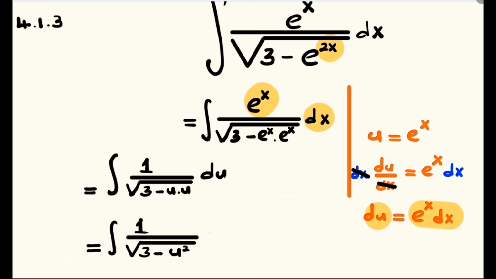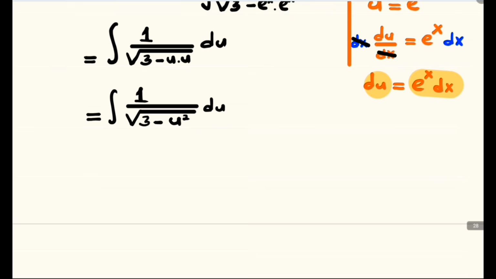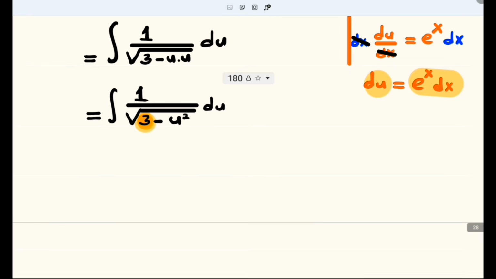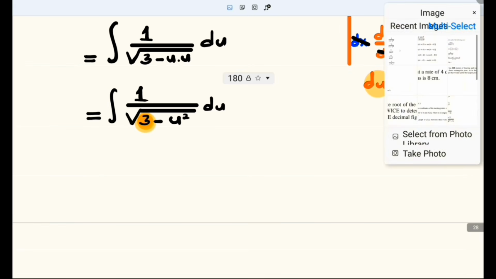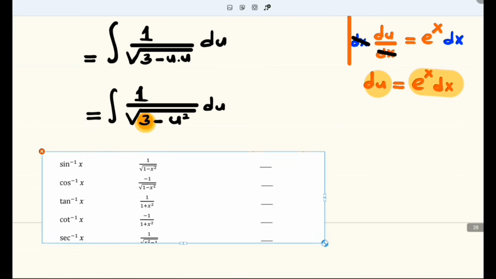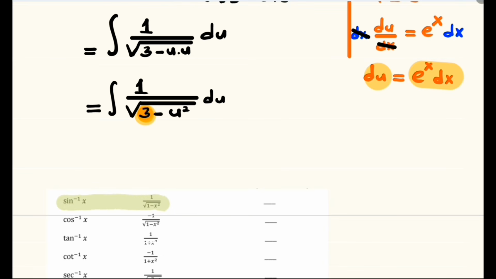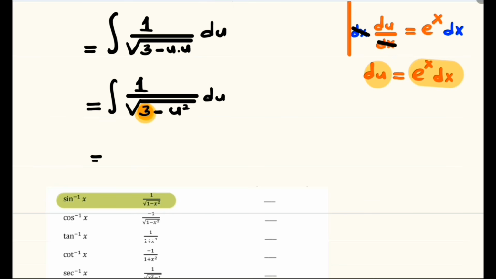To integrate, we can try to use the formula sheet, but the formula sheet doesn't have that 3. It has 1 in the place of the 3, so it's not going to give us the correct answer. I suggest you memorize the way that I'm going to do it. We were supposed to use the arcsine in reverse.